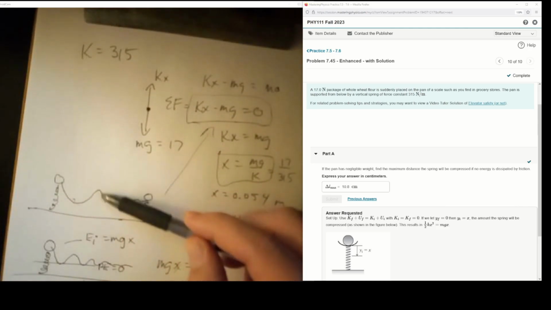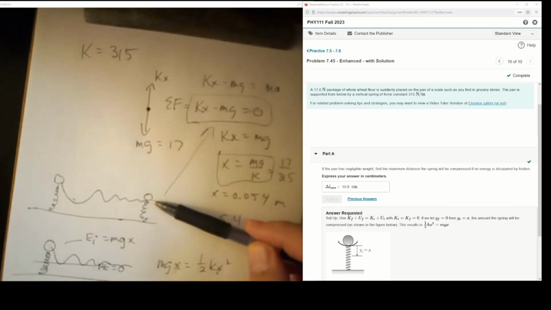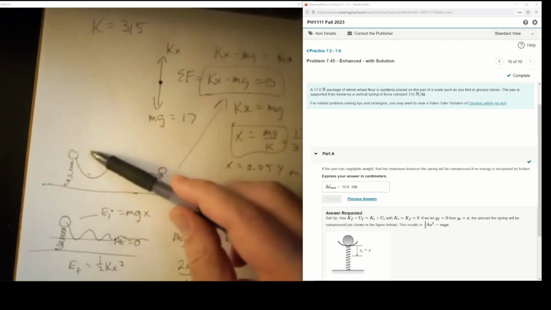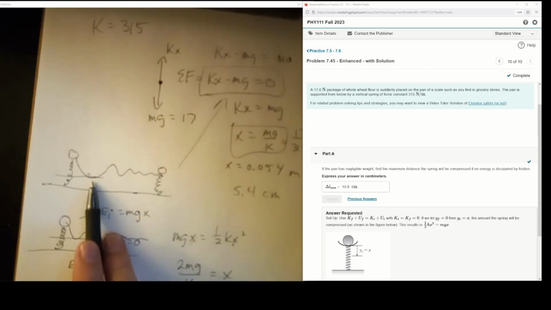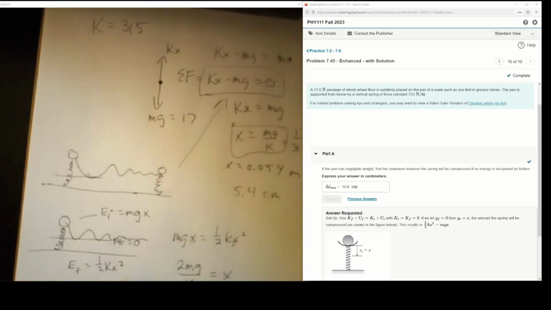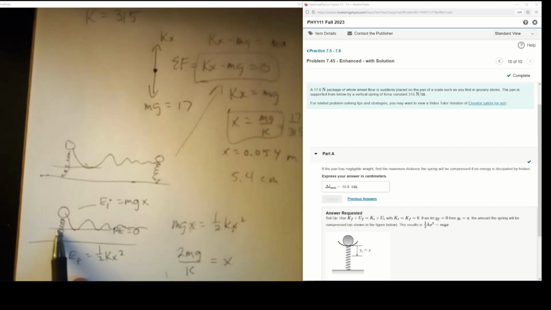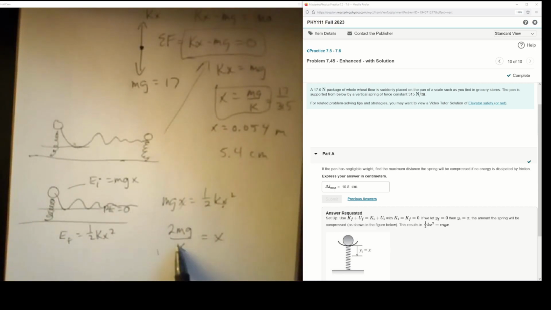The spring oscillates until it finds its equilibrium position. They're looking for that maximum compression that's right here when you drop it. And we can get that by using energy, choosing potential energy to be 0 at maximum compression of the spring. Then our height for potential will be x, the actual compression of the spring. And then we can solve for x.